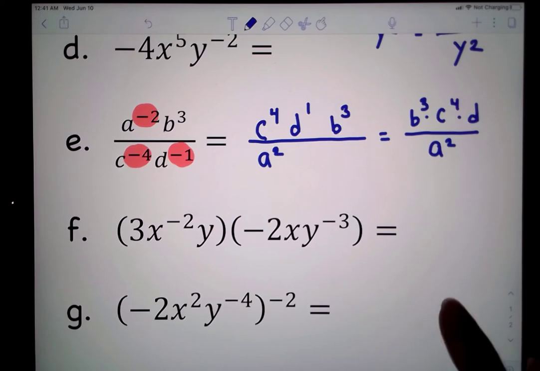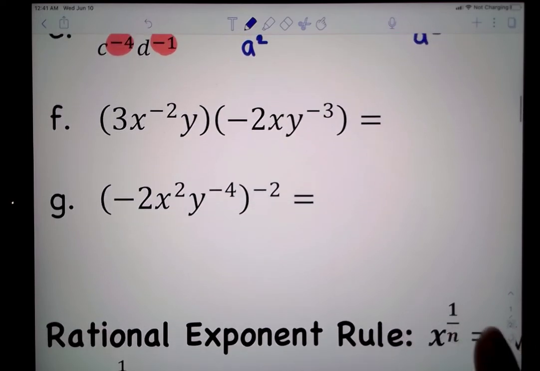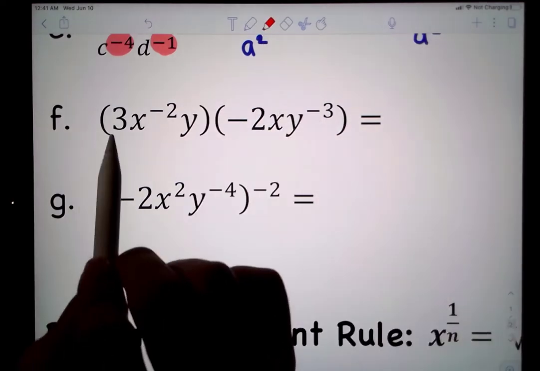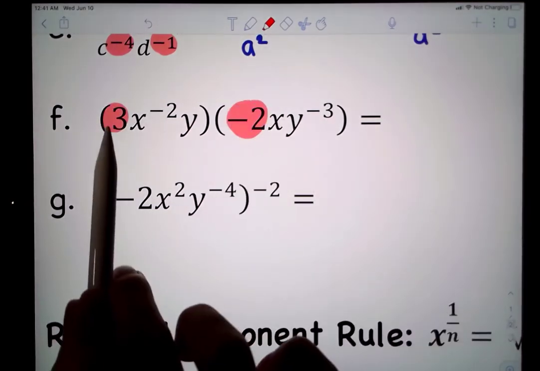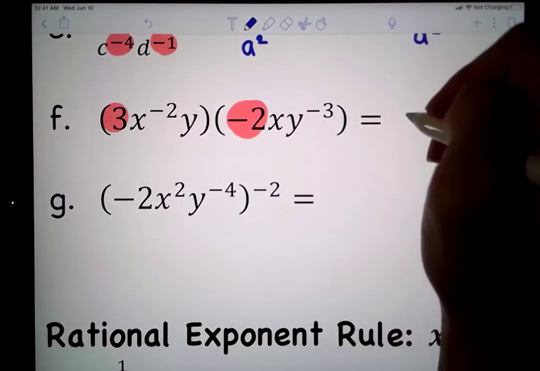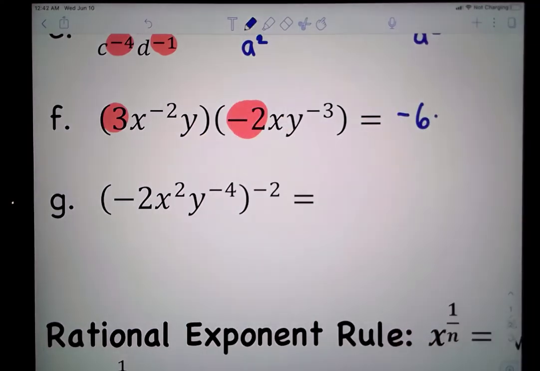Okay? And this one, guys, F. So first, we have to combine the same base first. So numbers go together. So negative 3 times negative 2, negative 6. And you have x.